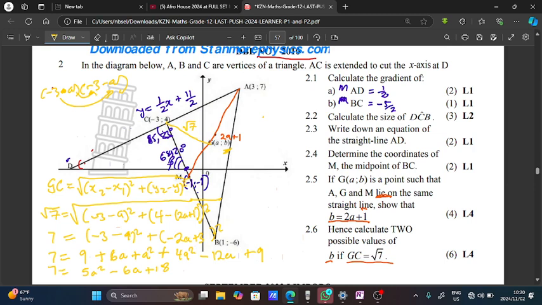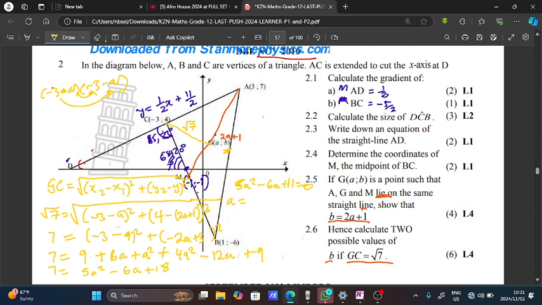I put the 7 down, then I'll have 5a squared minus 6a plus 18 minus 7, which is plus 11, equals 0. Now can you use the quadratic formula to get that?